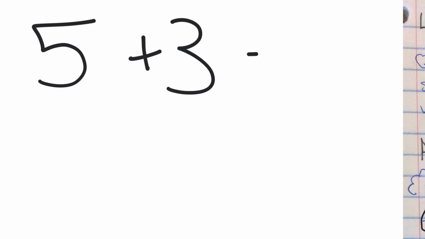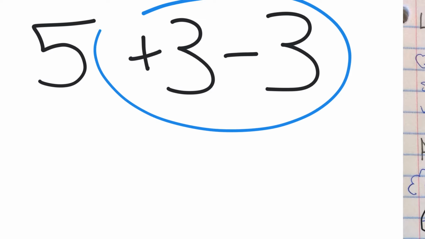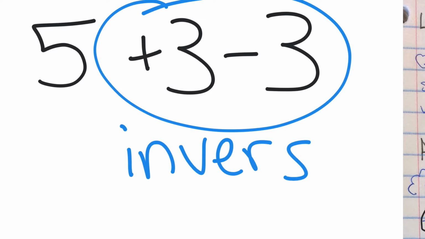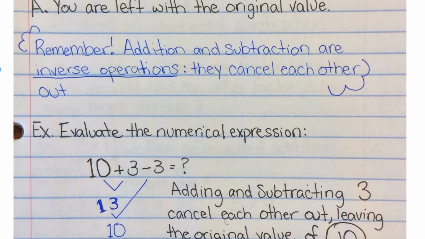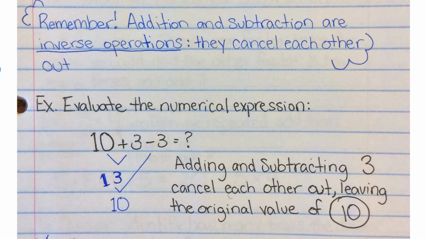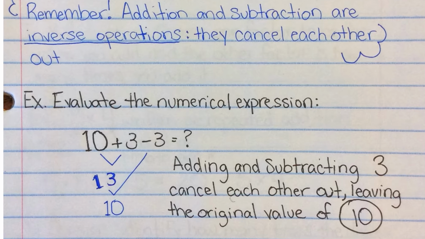So when we had that, we start with the 5, the plus 3 and the minus 3, these two are inverse operations, which means they just cancel each other out. Make sure that you remember that piece, and we'll practice it a lot more in class.